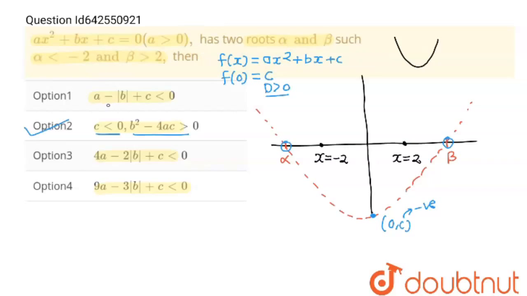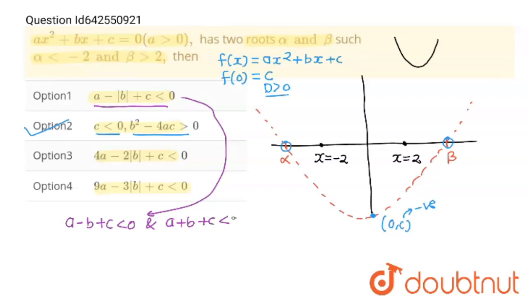Now see, I am going to check this statement. There is mod b, but in the question there is no mod. So this statement will be correct at two conditions, when a minus b plus c is less than 0 and a plus b plus c is less than 0.